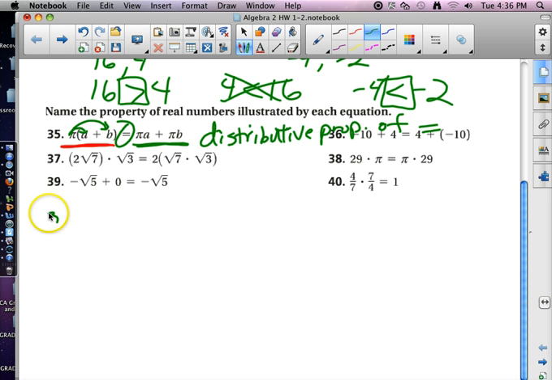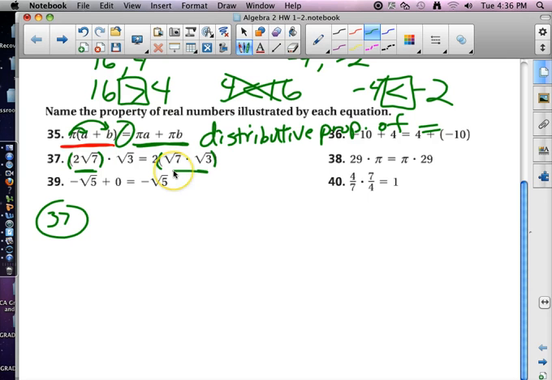For number 37, we take a look at this one and we notice that the parentheses are still there, but they're around something different. And that's because when numbers associate with each other, we use grouping symbols to show that they're hanging out with each other. So here, the set of parentheses is around the 2 times the square root of 7.